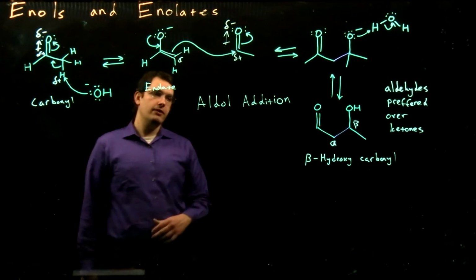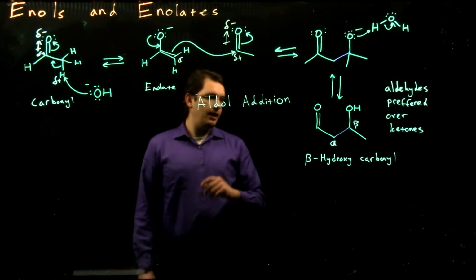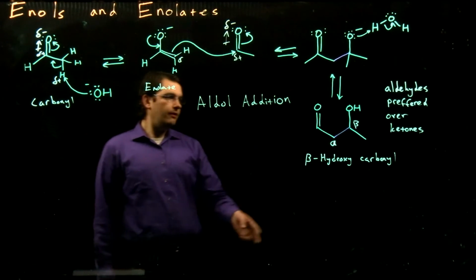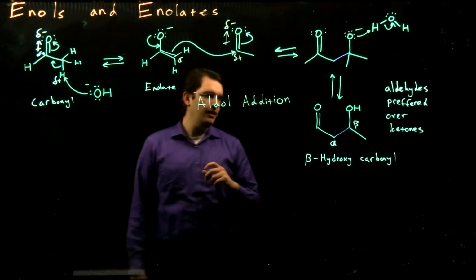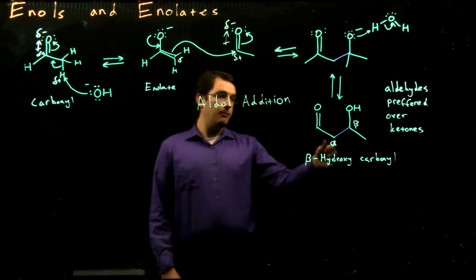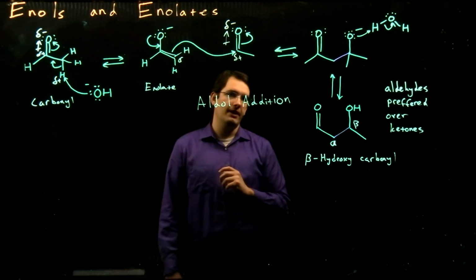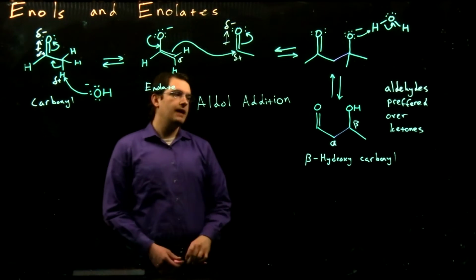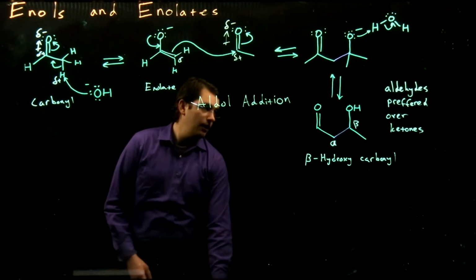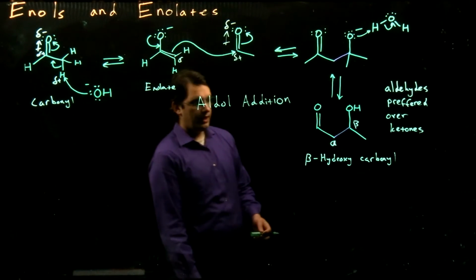Now, one of the things you might notice here with our aldol addition product is, of course, we still have a carbonyl, and we still have an alpha carbon that is going to be more acidic because of the inductive effect of that carbonyl. So we don't necessarily have to stop at this initial aldol addition product.